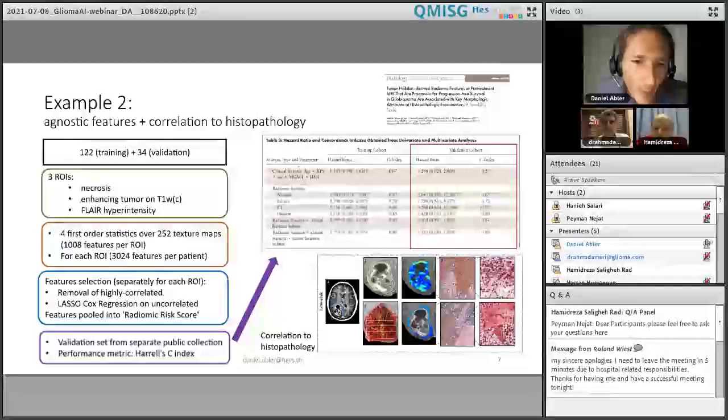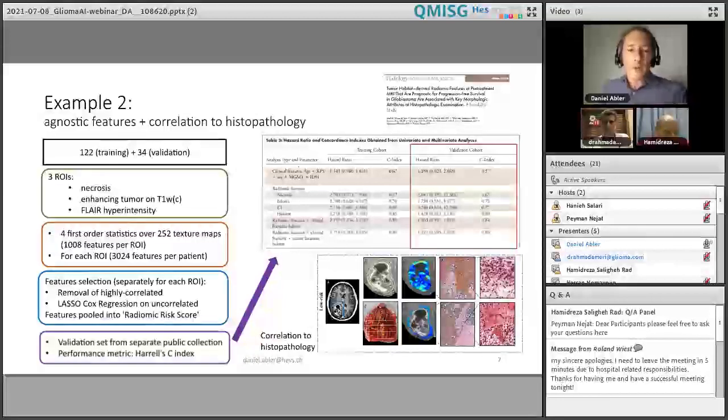And on the table on the right, you can see the concordance index, again, a measure of performance. So 0.5 corresponds to random, 1 corresponds to perfect performance. And as you can see, the radiomic features alone have values between 0.67 to 0.8. Combined with clinical features, this value improves drastically.